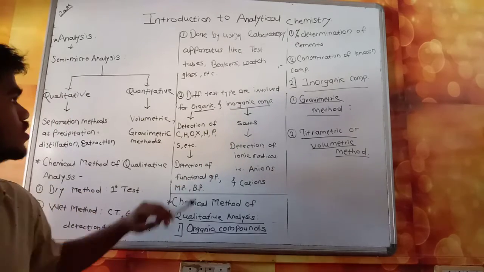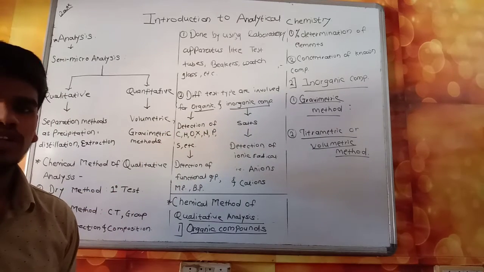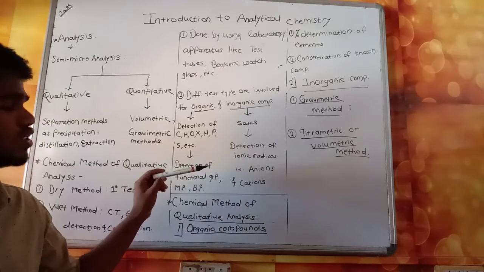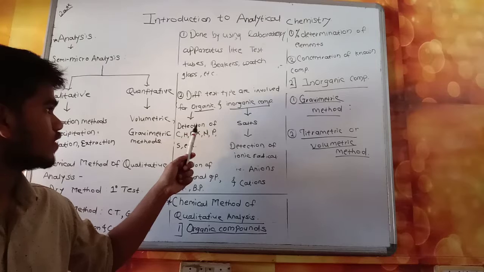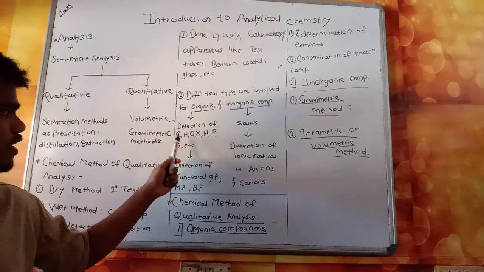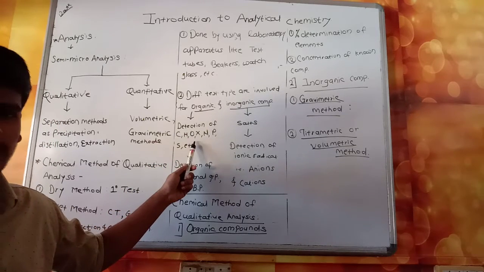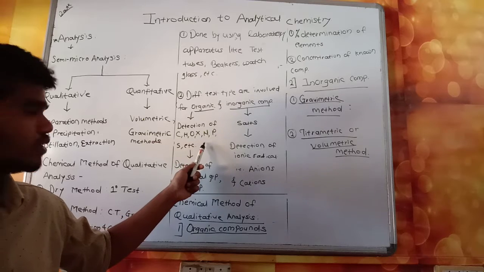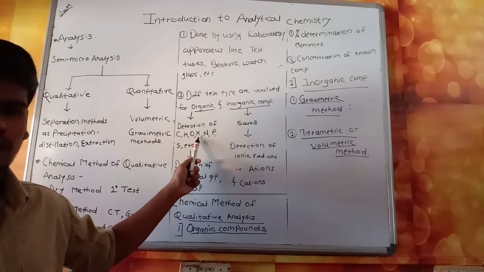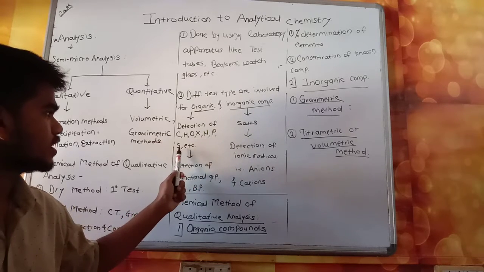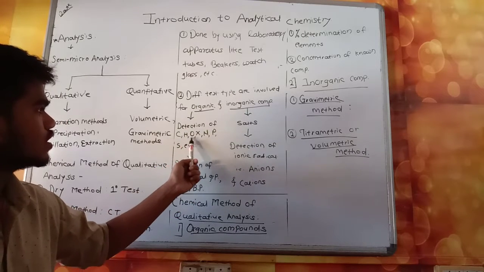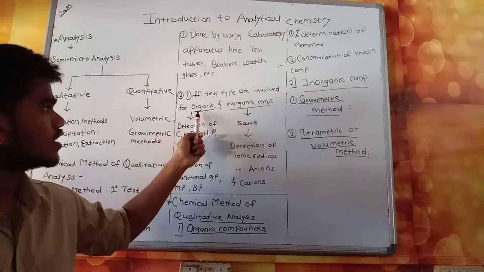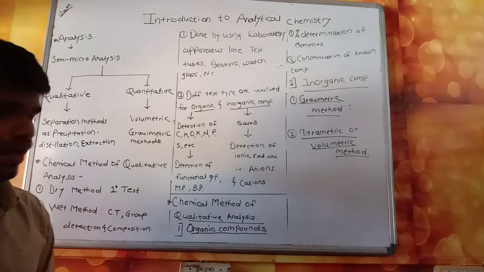Okay, so in the analysis of organic compounds, the tests involved are like detection of elements like carbon, hydrogen, oxygen, X means halides, that is fluorine, chlorine, bromine and iodine, then nitrogen, phosphorus and sulfur, etc. Okay, so the first test involves the detection of these elements in case of organic compounds in the qualitative analysis.